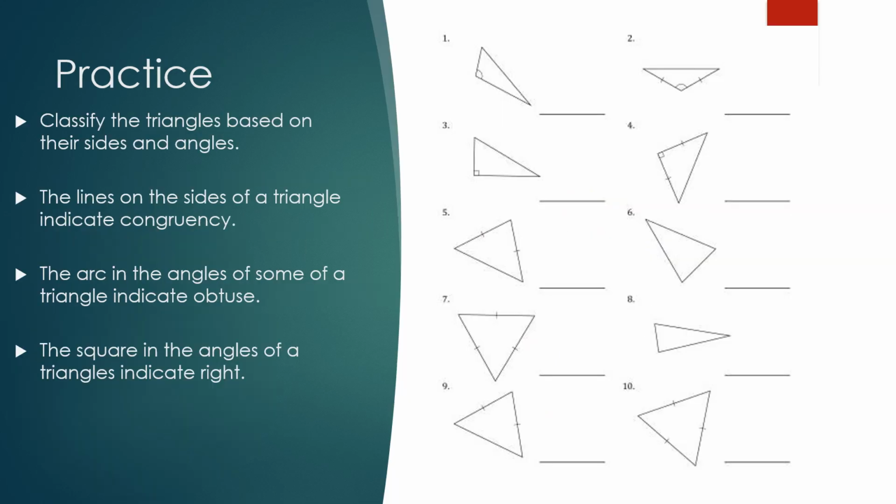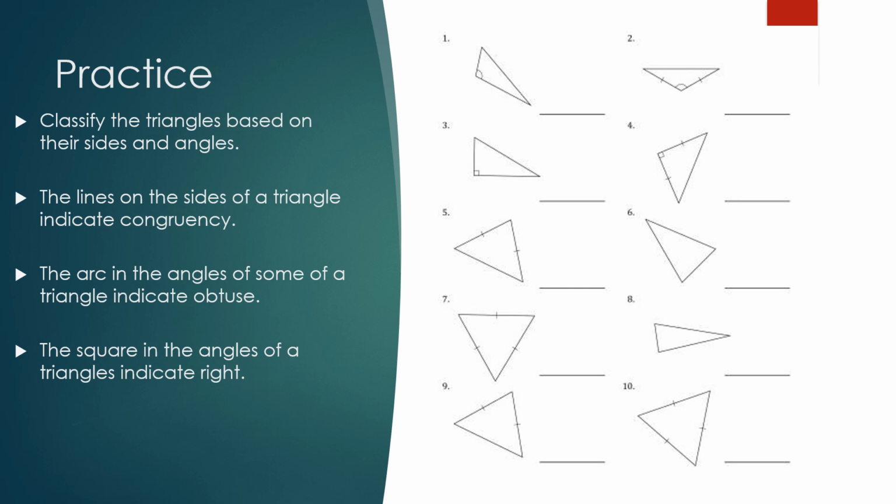So now here's time to practice. Here are 10 different triangles. What I want you to do is classify each triangle based on the angles that are provided and its sides. So for example, number 1, we look at the sides. Is there anything that's congruent? And then we check the angles. Are there any angles that are obtuse or right?